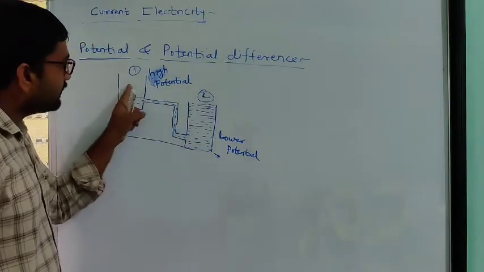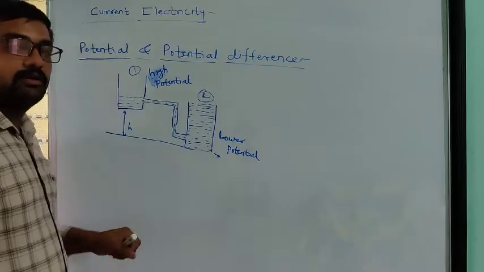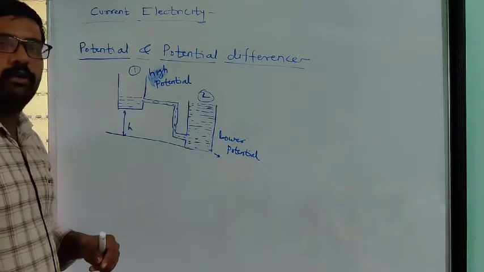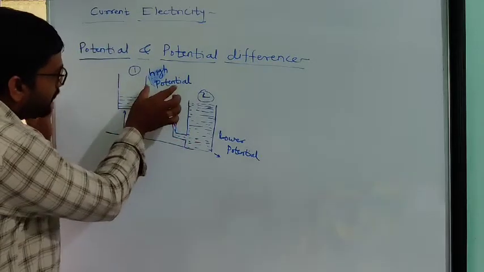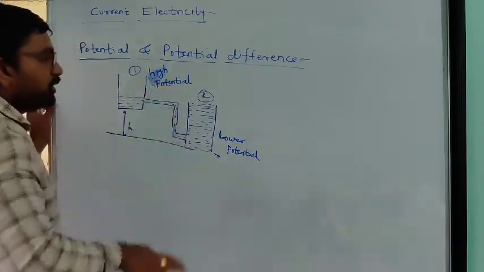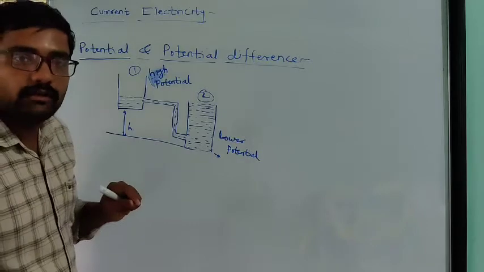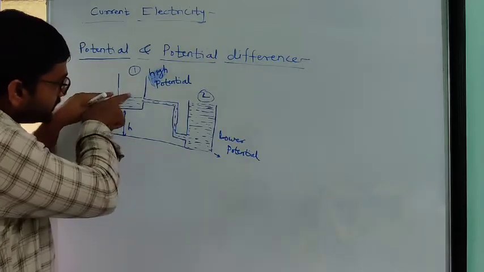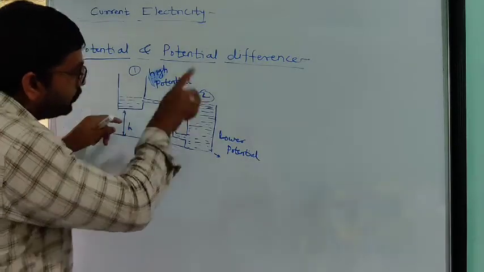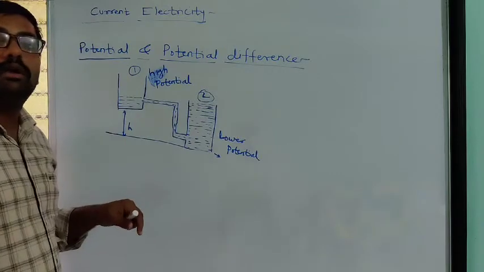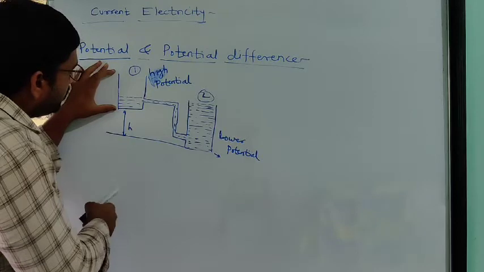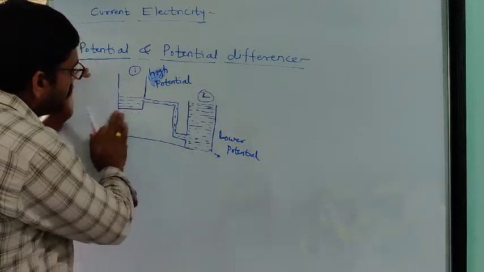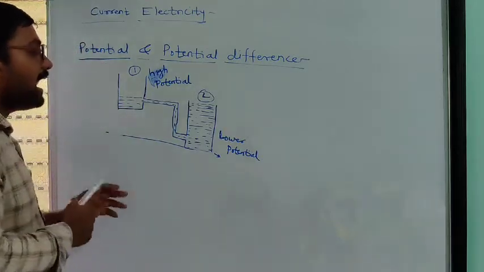This tank number 1 has higher potential as compared to tank number 2, so water transmission takes place from higher potential towards lower potential, because this tank is at somewhat higher potential and this tank is at somewhat lower potential.